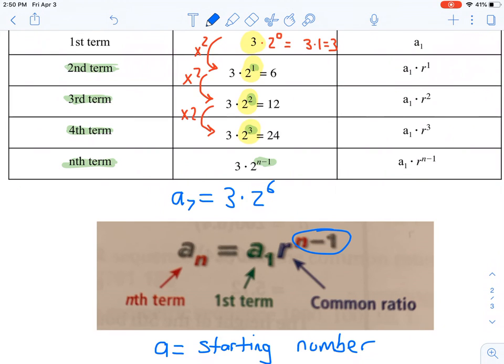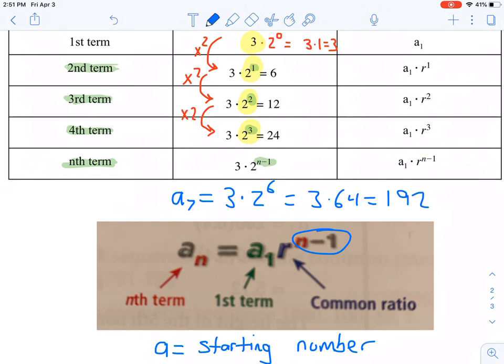So real quickly, 2 to the 6th power is 64. So we'll get 3 times 64, which would be 192, would be the 7th term in this series.